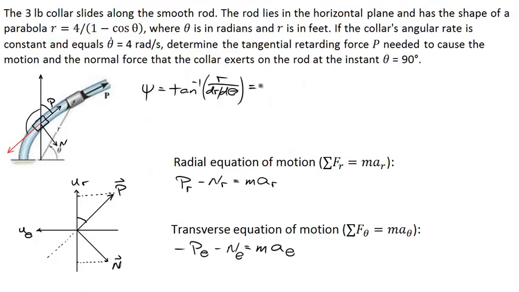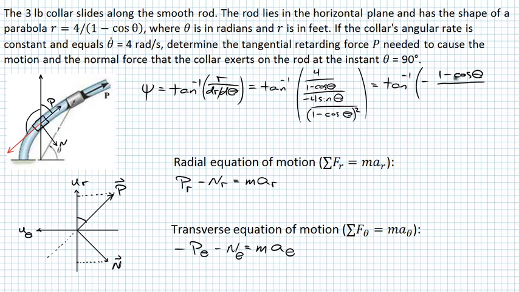So let's implement this. We've got the inverse tangent of r, which for this particular problem is 4 divided by 1 minus cosine theta, and dr d theta is negative 4 sine theta divided by 1 minus cosine theta squared. If I simplify that, I'll come up with the inverse tangent of negative 1 minus cosine theta divided by sine theta.